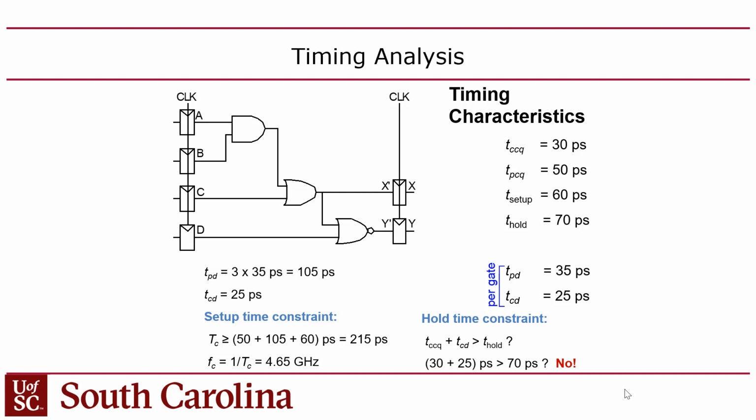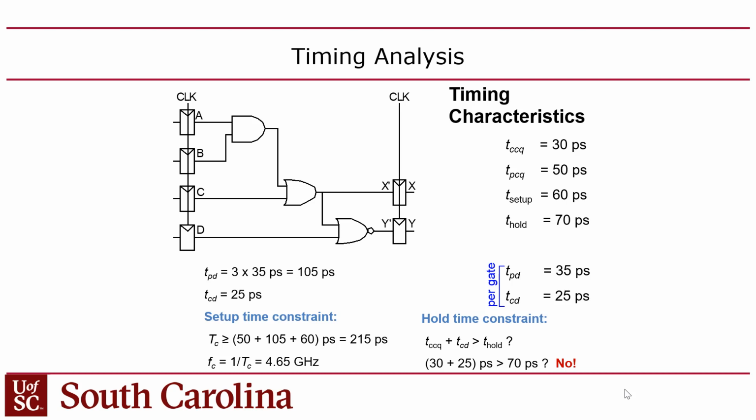All right, so the setup time constraint, if we go back to the equation for that, says that the clock period has to be greater than or equal to the propagation delay for the flip-flop, 50, plus the propagation delay for the circuit, which is 105, plus the setup time, which is 60.